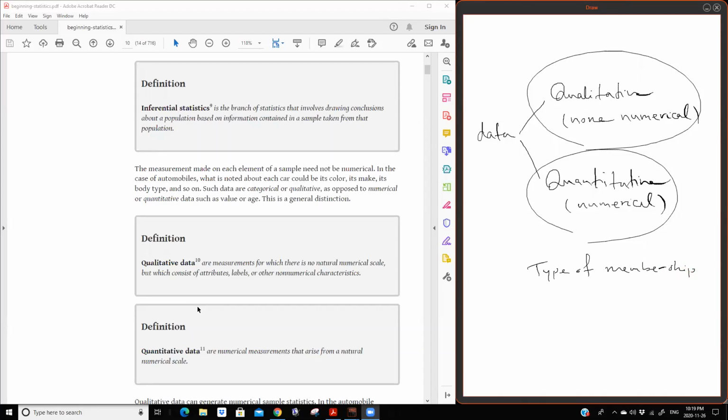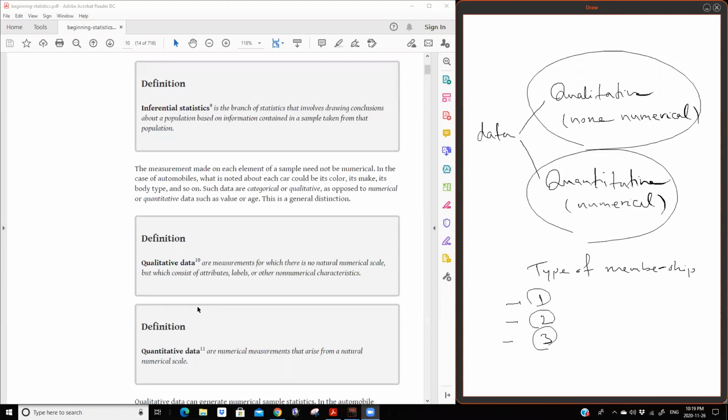You can say we have 3 memberships, type 1, type 2, type 3. Even though you're using numbers, this doesn't make it quantitative data, because these are basically some type of membership, and these numbers don't make any numerical sense. For example, it doesn't make any sense to say type 1 plus type 2 is type 3. It doesn't make sense to do 1 plus 2.